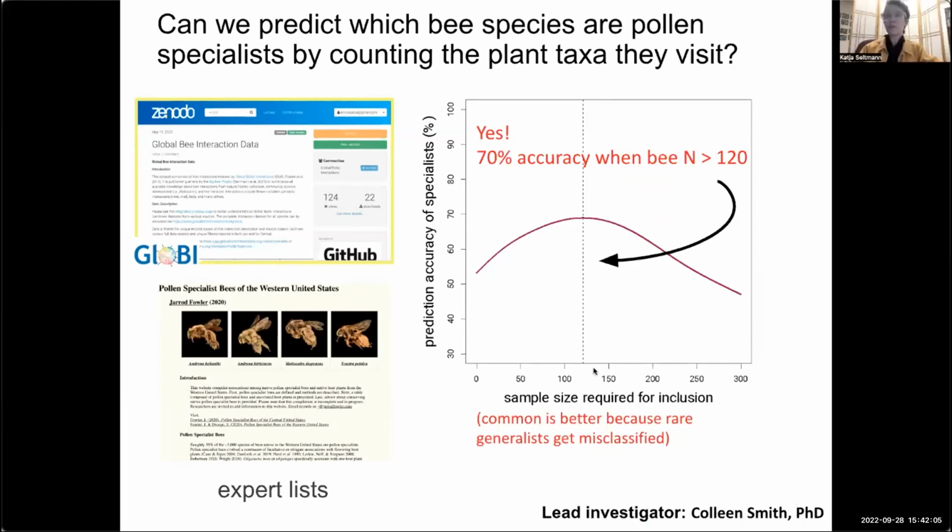For this question, we have two data sets: an expert list of specialist versus generalist bee floral resources, and the global bee interaction data set, which is an opportunistic data set indexed and taken from Global Biotic Interactions, which indexes museum specimens and the literature.